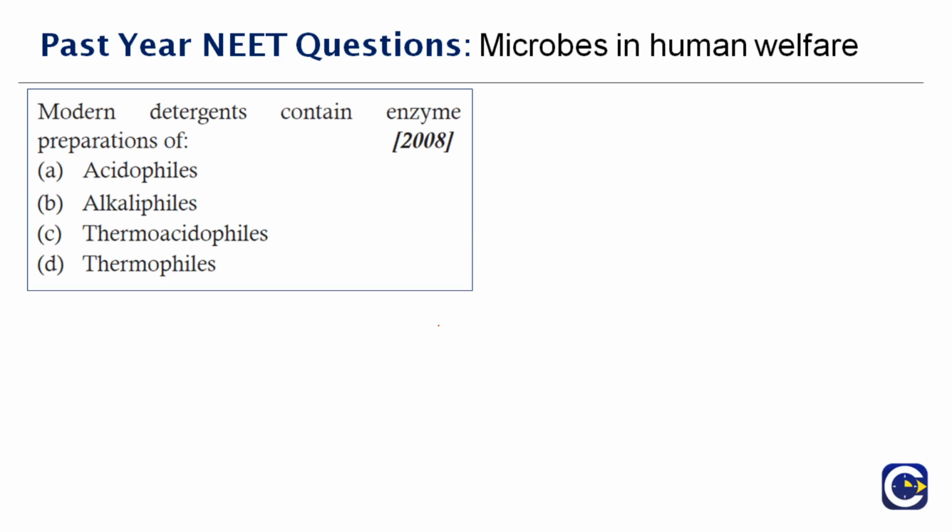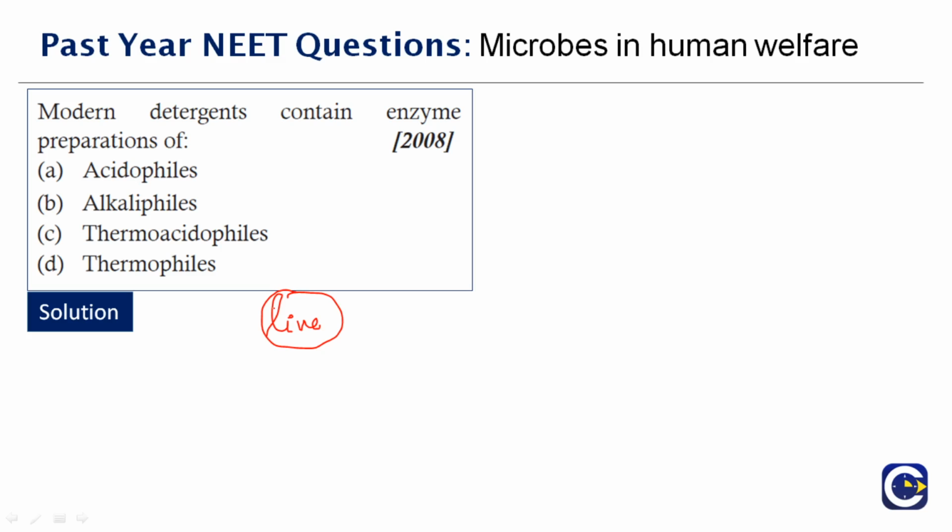Next question here. Modern detergents contain enzyme preparations of dash. See, when we talk about modern detergents, they contain alkaliphiles. What are these alkaliphiles? They live in alkaline environments, like soda or alkaline soil, where the pH of the alkaline substances is about 9 to 11 on the pH scale.